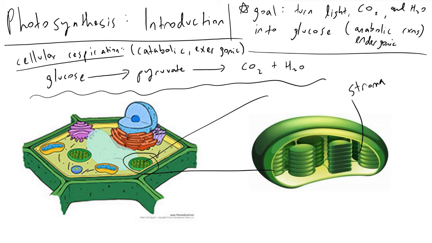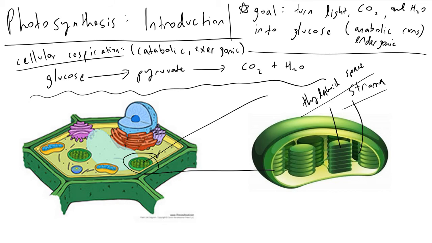Within each chloroplast, we see stacks of thylakoids, and within each thylakoid, we see something called the thylakoid space. These are two terms that you really want to familiarize yourself with, because just like what's going on with mitochondria, we are creating a proton gradient inside of these chloroplasts.